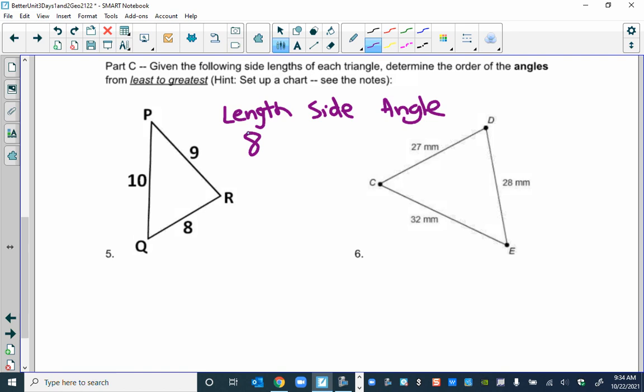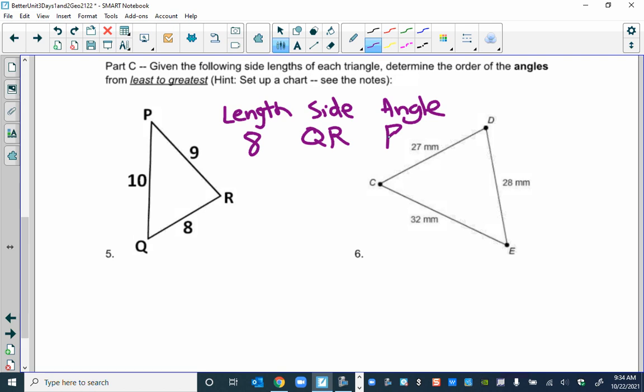What 2 letters make up the number 8? What 2 letters make up that side? Q and R. What letter's missing from that triangle? What letter did I not write down from that triangle? There you go. That's this type of problem here.